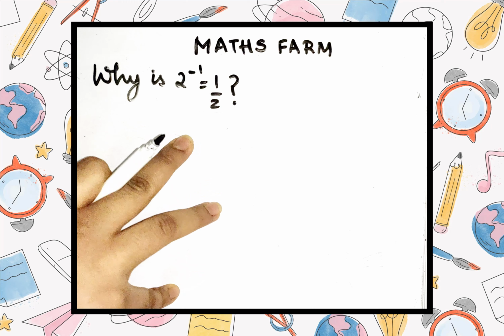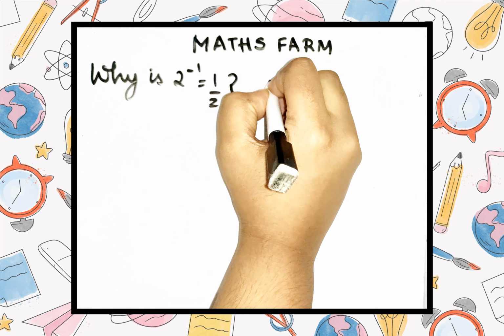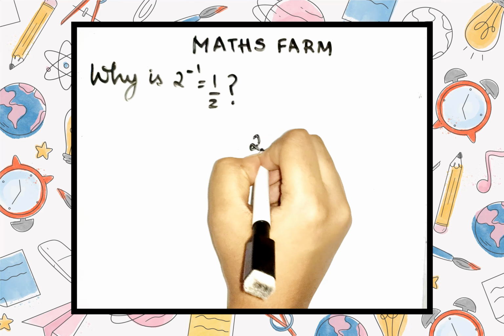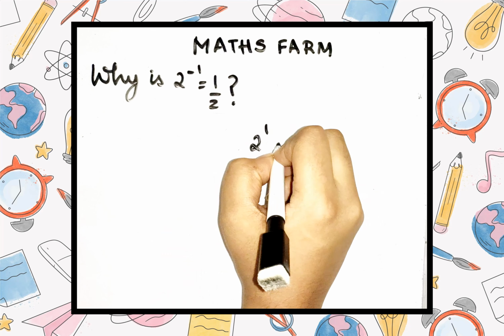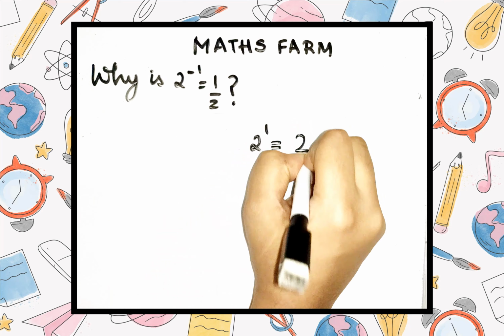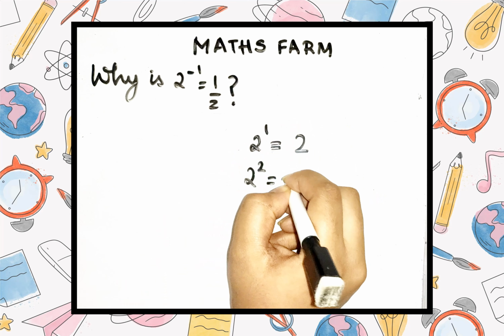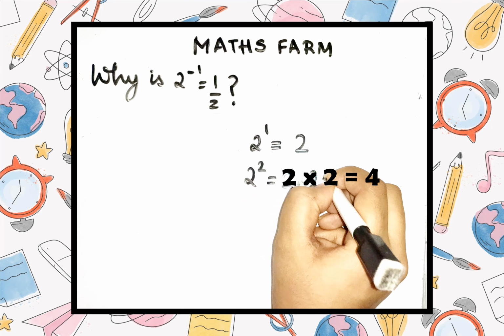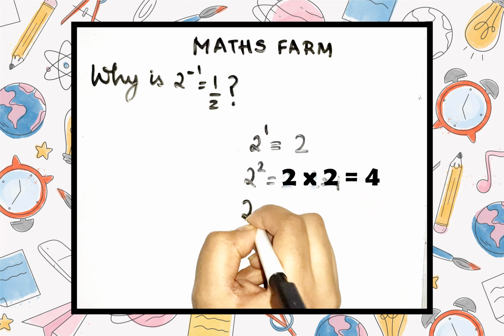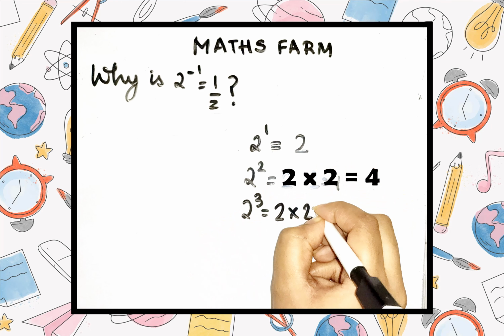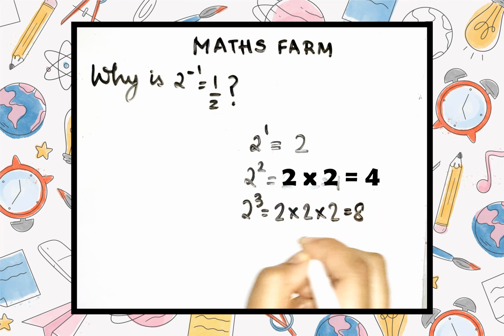For this, let's see what 2 to the power 1 is. We know 2 to the power 1 is 2. 2 to the power 2 is 2 into 2, which is 4. 2 to the power 3 is 2 into 2 into 2, which is 8.